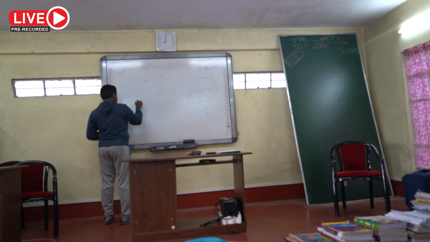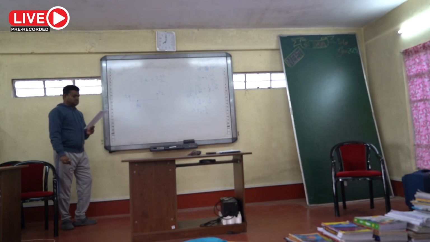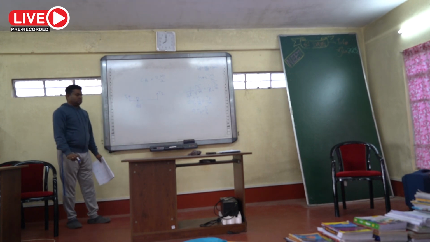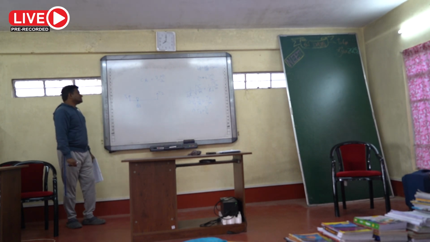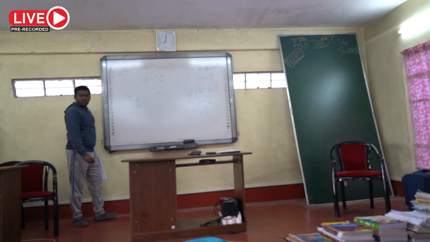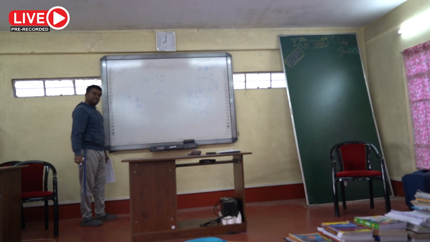This block of mass M is hanging about this point O. For the entire rod to remain horizontal, the moment of force about any point should be 0.